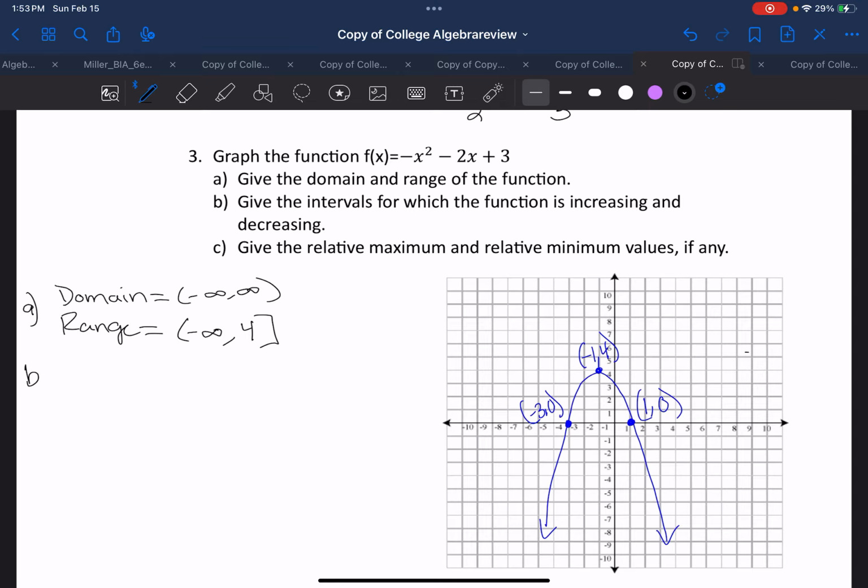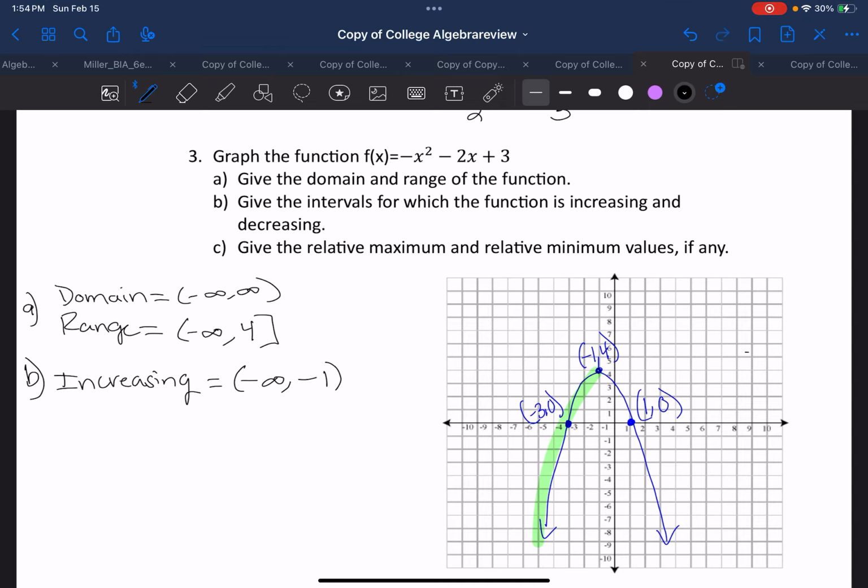Part B says to give the intervals for which the function is increasing and decreasing. So if I look from left to right and I follow my graph, it's increasing because it's going up all the way until that point, which is the maximum value point. So the interval, which is the x values for which this graph is increasing, would start from negative infinity and stop increasing at that x value of -1.